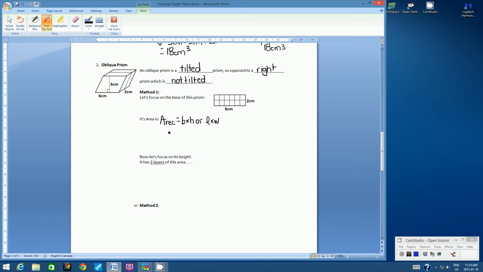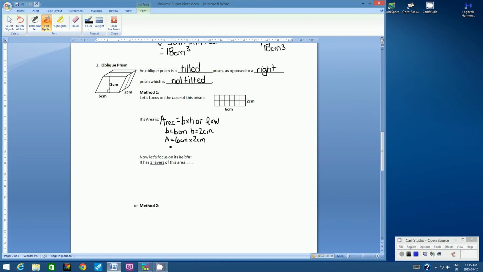All right. Line 2 is our information line. Base equals 6 centimeters. Height equals 2 centimeters. Substitution line, area equals 6 centimeters times 2 centimeters.